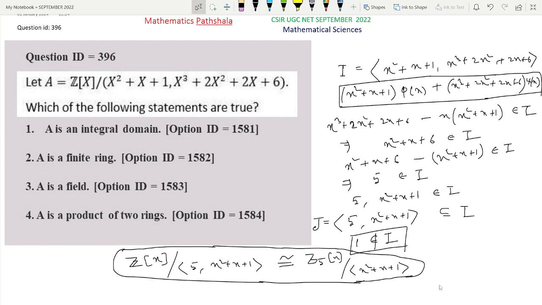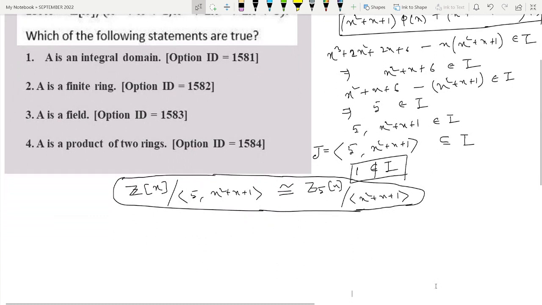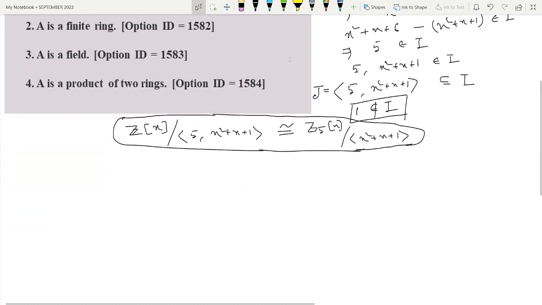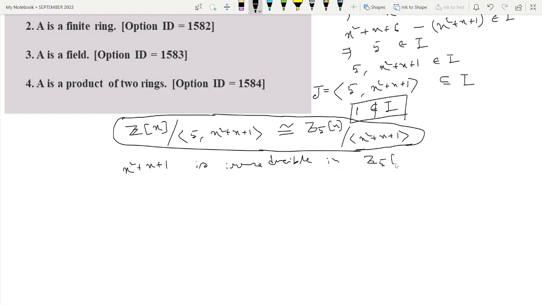Now see here, this polynomial x square plus x plus 1 is clearly irreducible, because it is of degree 2 and it has no root in Z5, so it is irreducible in Z5[x]. Since Z5 is a field, Z5[x] is a Euclidean domain.